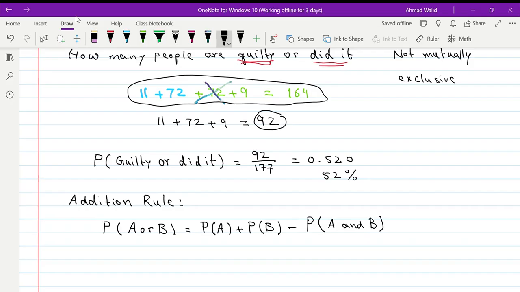The probability of event A and B happening at the same time. That's your double count, correct?